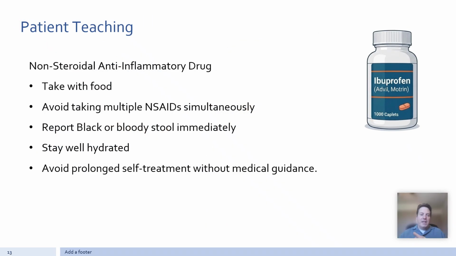So let's look at some patient teaching. With non-steroidal anti-inflammatory drugs, we want to take them with food or with milk. It doesn't reduce the risk of GI bleeding as much as it just helps with stomach upset. We want to avoid concurrent alcohol use or taking multiple types of NSAID simultaneously.